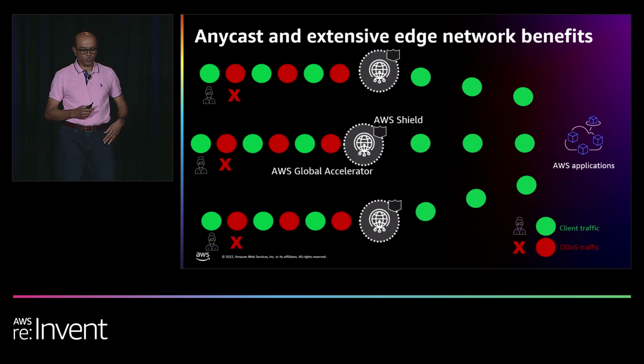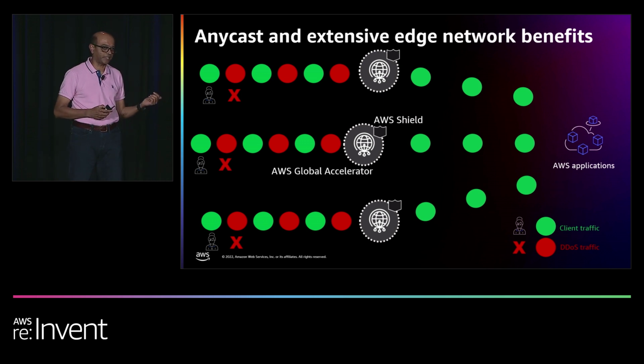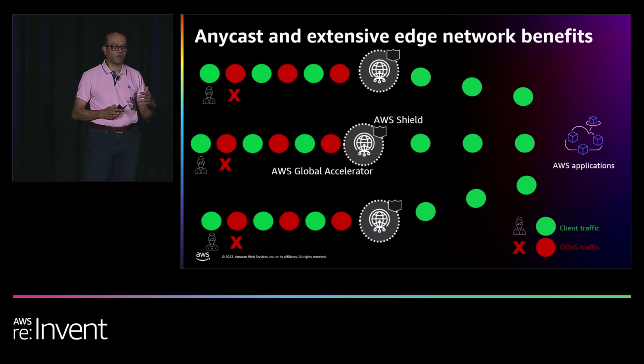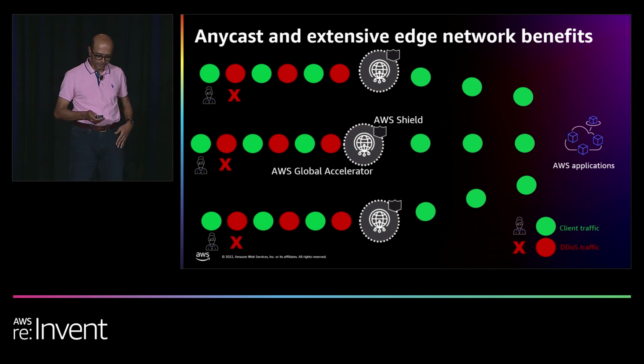The mitigations are placed close to the edge, but in addition to that, Global Accelerator also has other safeguards in place that include rate limiters at the edge, making sure that there are accelerator-specific limits to avoid resource overconsumption. Also, only the listener traffic is admitted at the edge, and everything else gets dropped right at the edge.